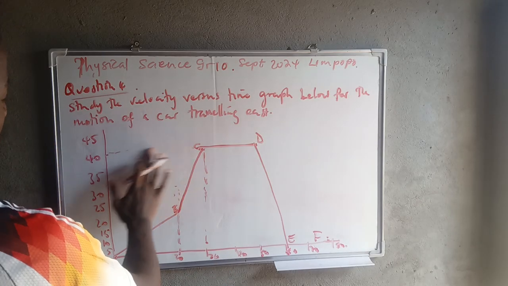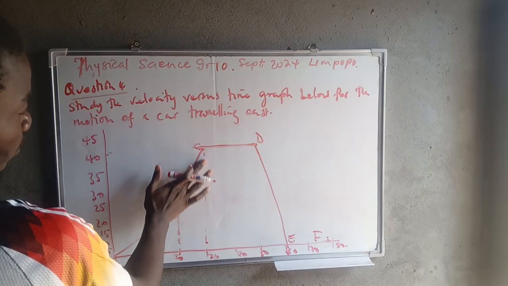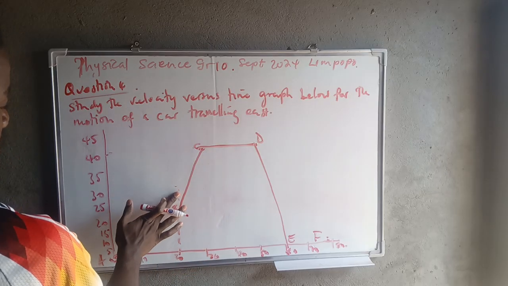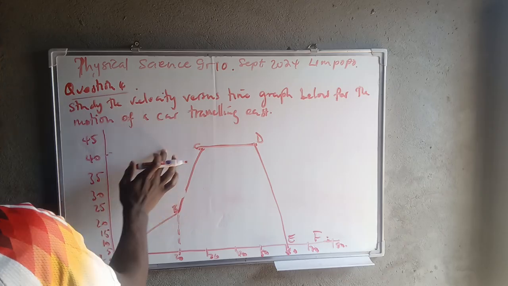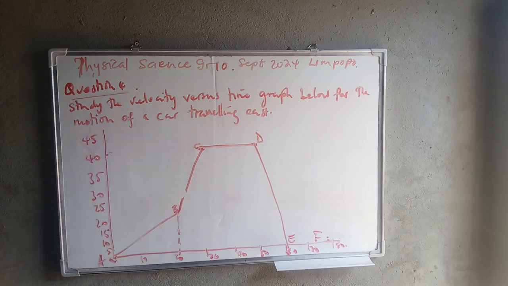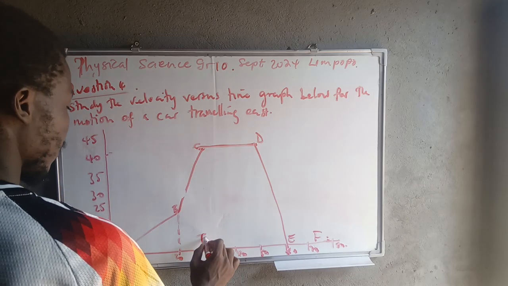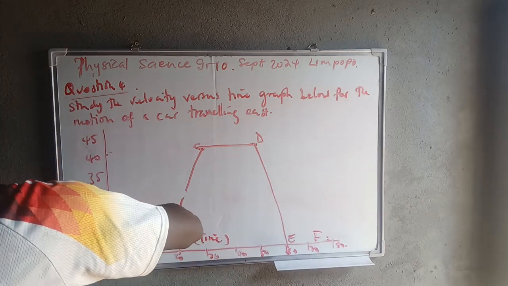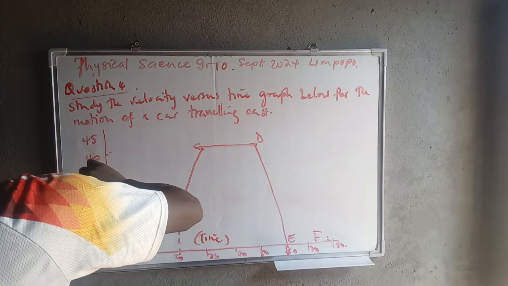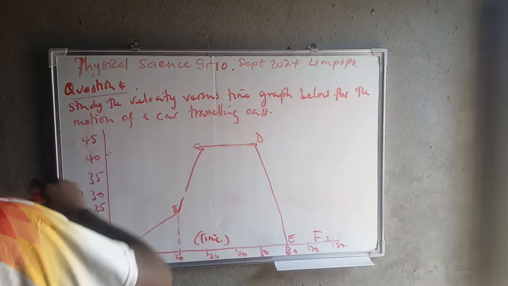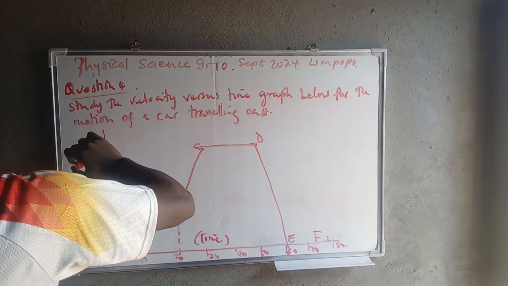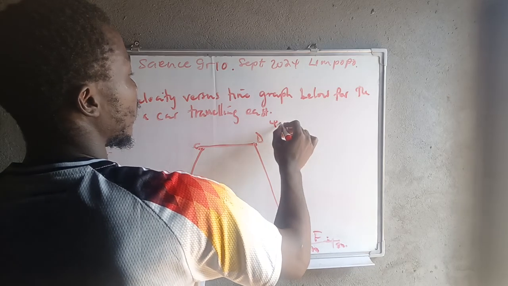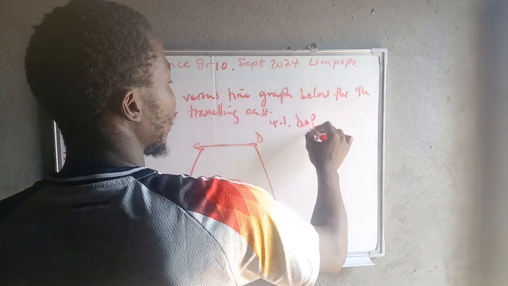These are just to show that it's passing through 30, 20, 40. We have time on the horizontal axis, and on the vertical axis we have velocity in meters per second.